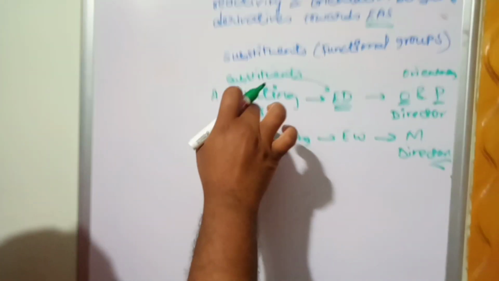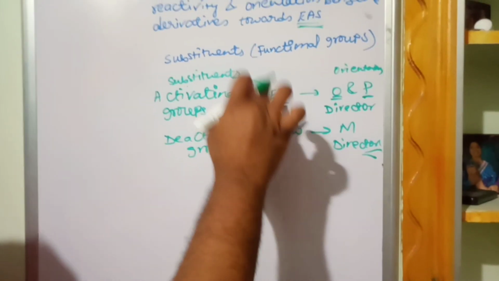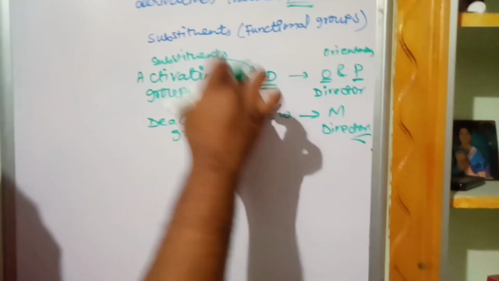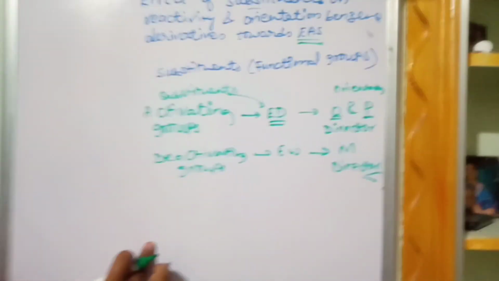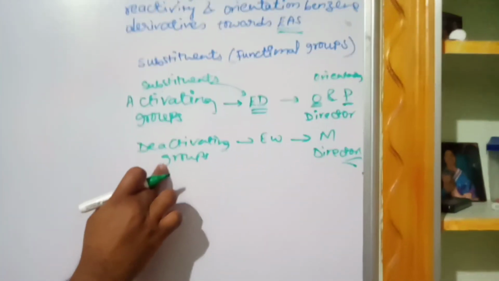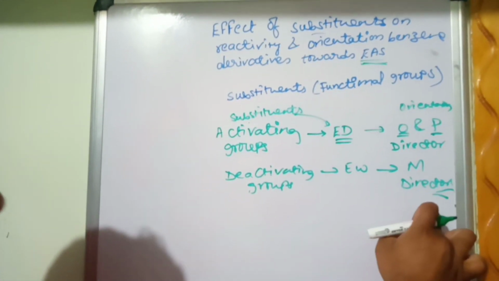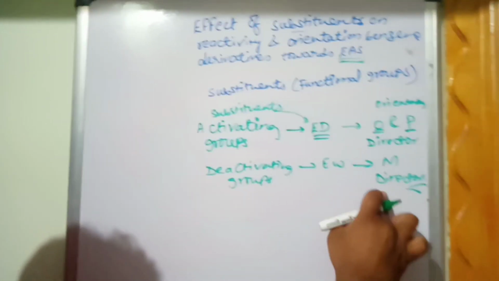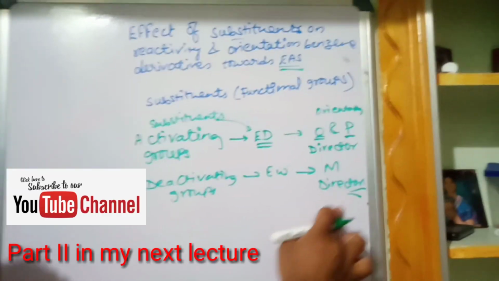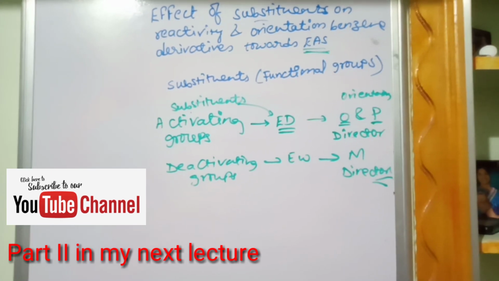Activating groups are those groups which increase the rate of reaction by donating the electrons. They stabilize the ring. How they stabilize the ring, I will explain with an example. They are ortho and para directors. Deactivating groups are electron withdrawing groups. They are the meta directors. They orient at the meta position. Why do they orient at the meta position? I will give one example and explain it clearly.